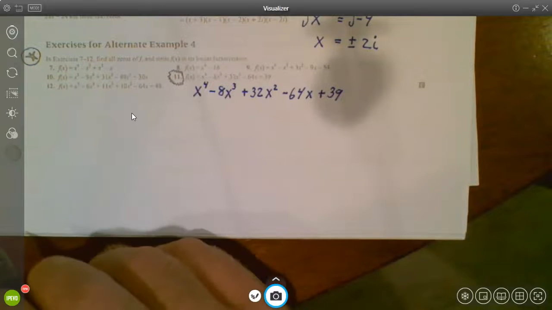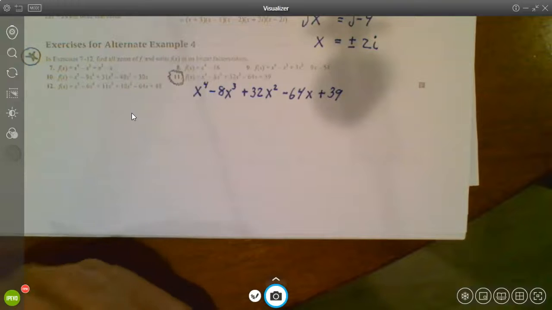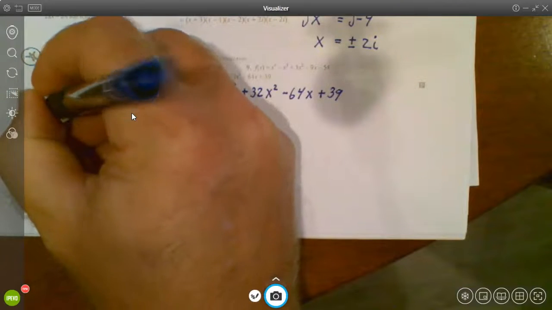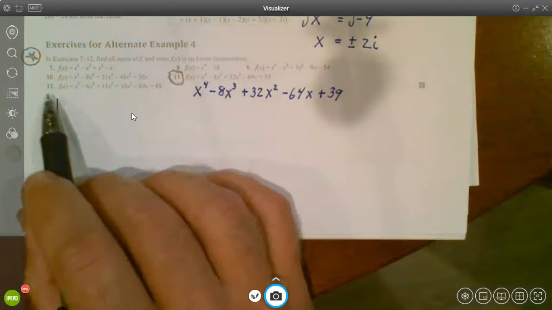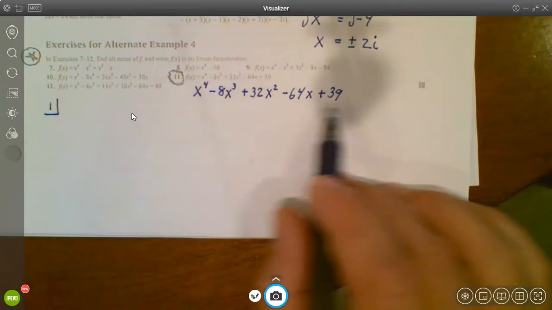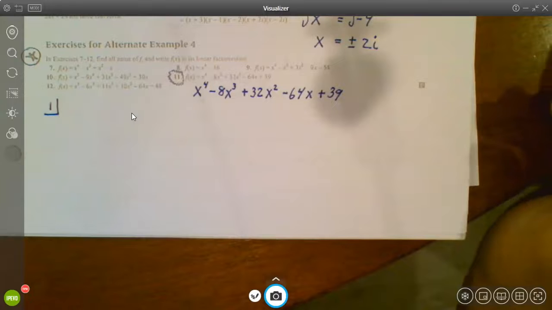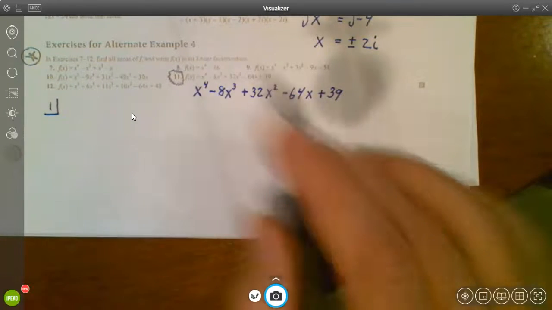So let's start with the ones that we already know. So from the graph, looks like +1, +3. So we're going to do some synthetic division here. Not only to verify that this really is a 0, but we're also needing to start breaking this down so that we can find the remaining 2 zeros. So this is really helpful for 2 reasons here. So let me pull over the coefficients.